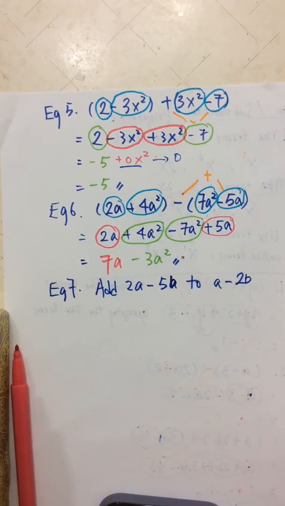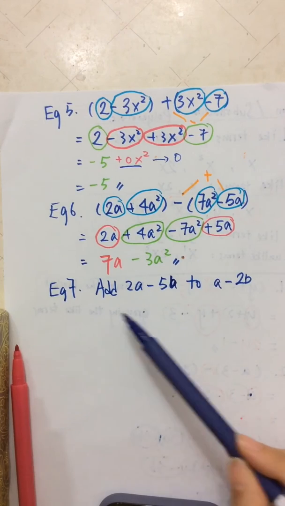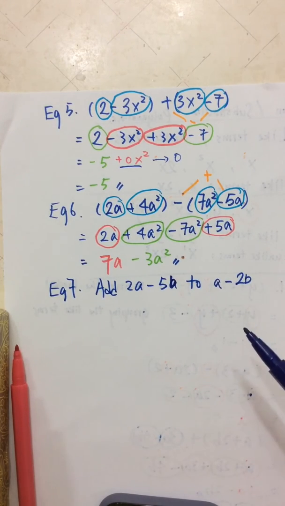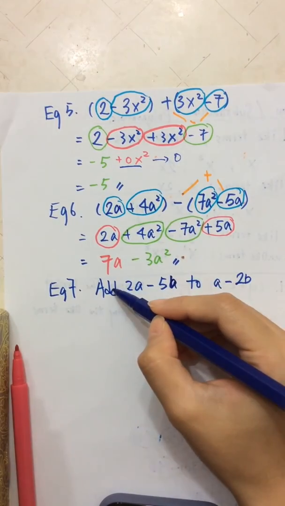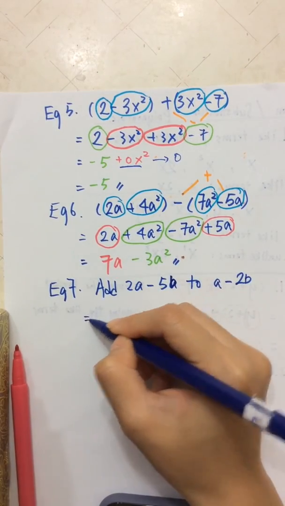So how do we calculate it? Just change it to mathematical expressions. Because this one is add, this one should be add.